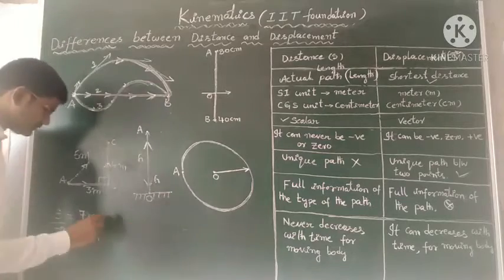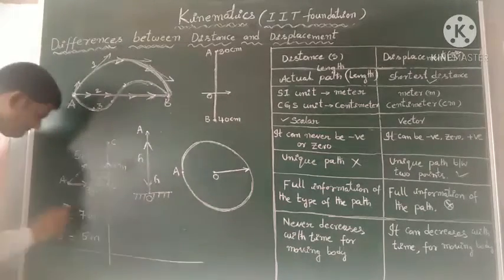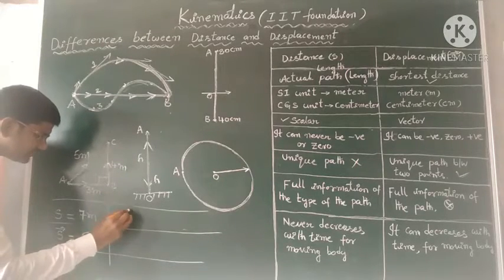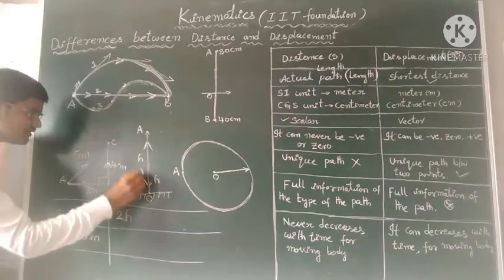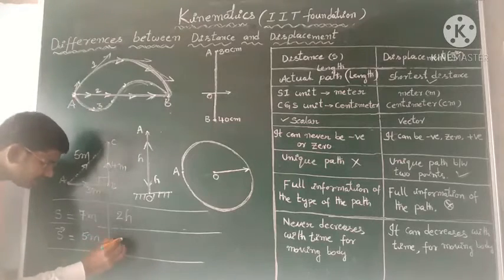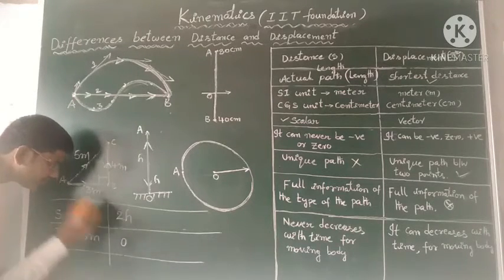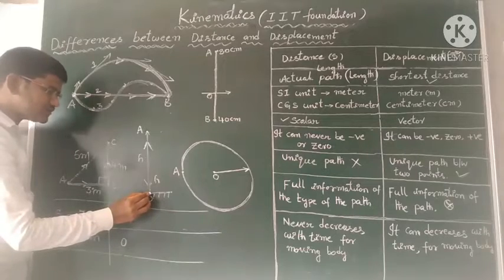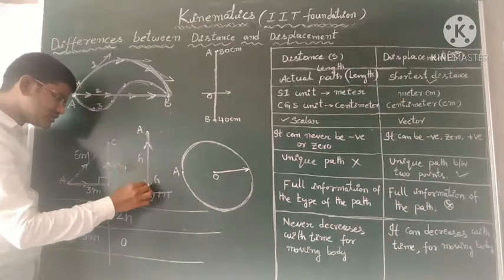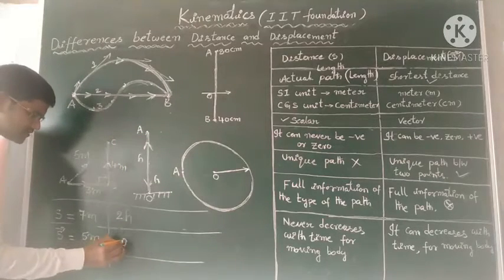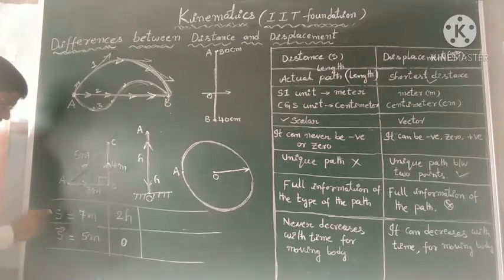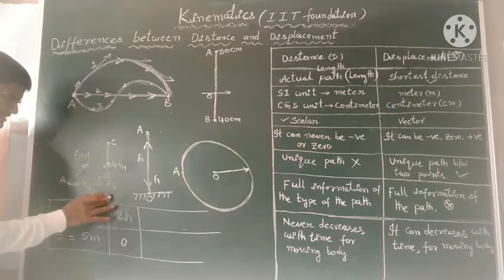So in this situation, distance I will get 2h, and displacement I will get 0. Since the initial point is O, it went to some height, h meters, and again reached O only. So it reached the same point, so displacement has become 0.